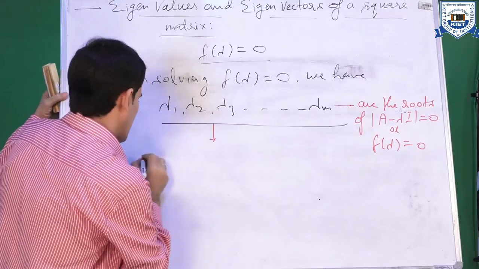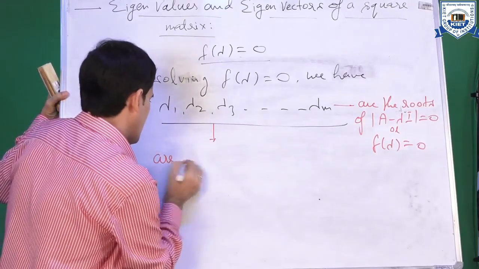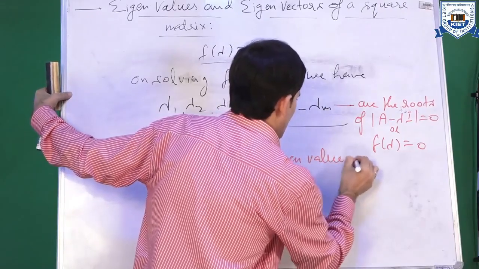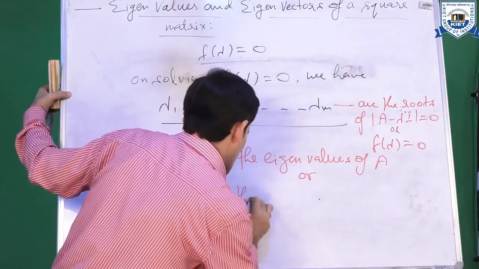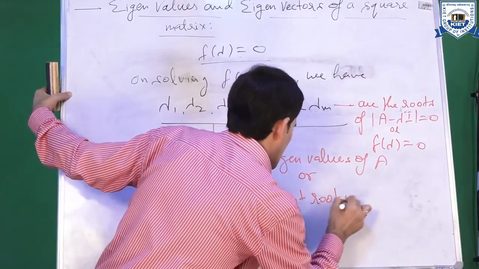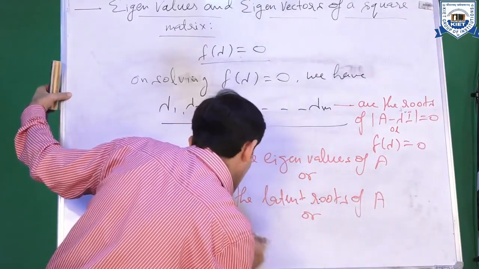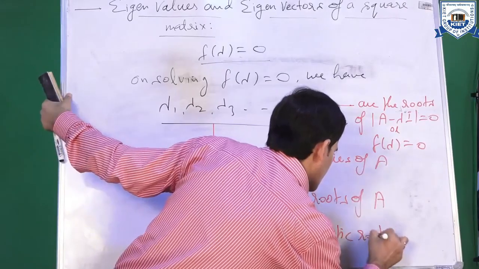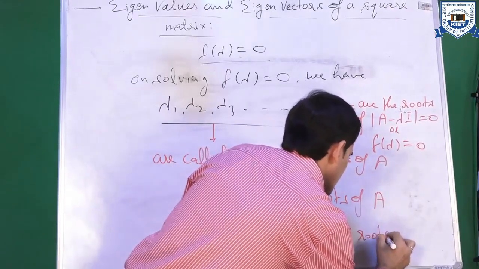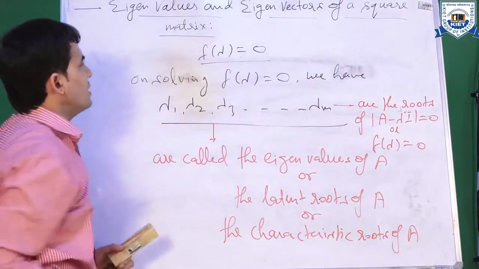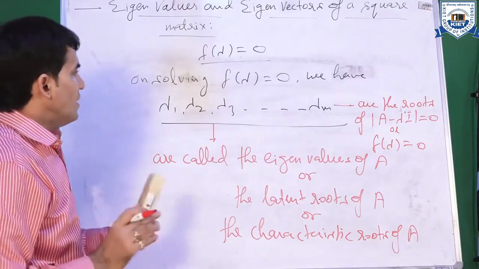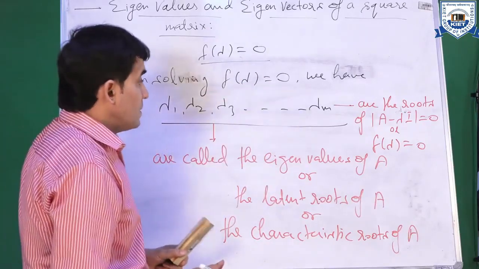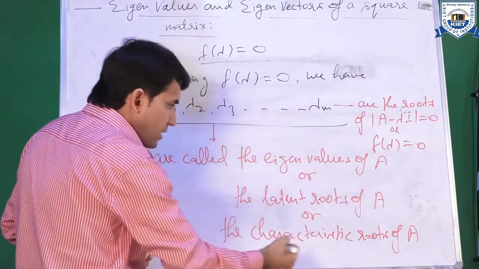These values of lambda are called the eigenvalues of matrix A, or the latent roots of matrix A, or the characteristic roots of matrix A.